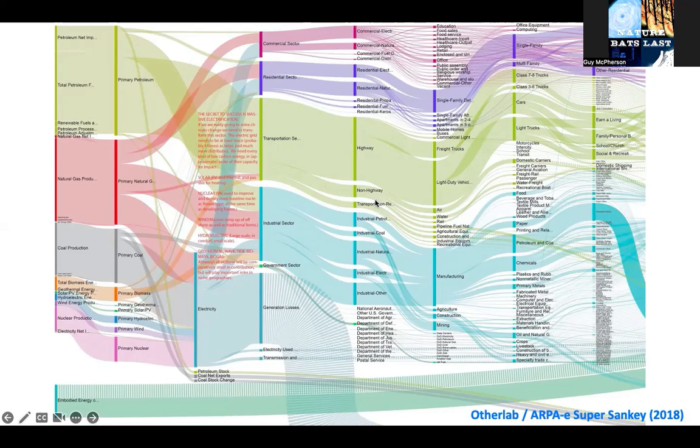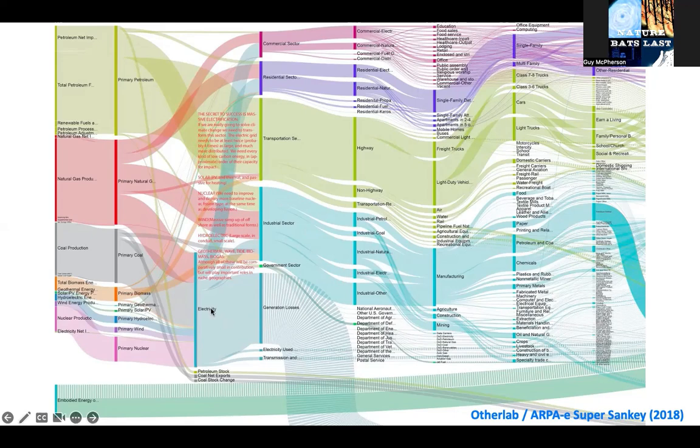It's got many more sub-labels as to what is what, so that you can see that residential sector is broken down into residential electric. Some of these, unfortunately, are not completely labeled here, so you actually can't read them. But you've got everything: motorcycles, intercity, school, transit over here on the green, domestic carriers, freight carriers, food, beverage. You could break this out, and this chart does.